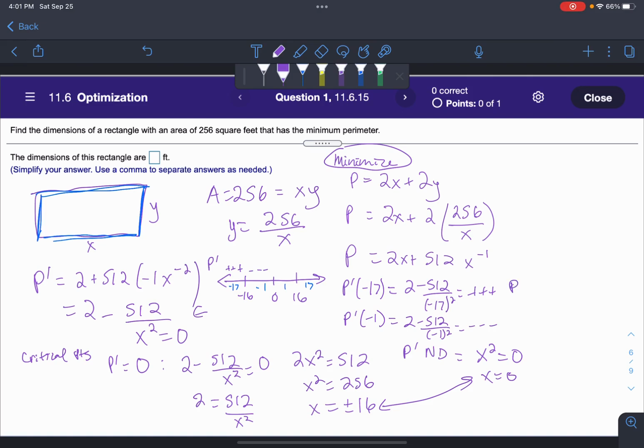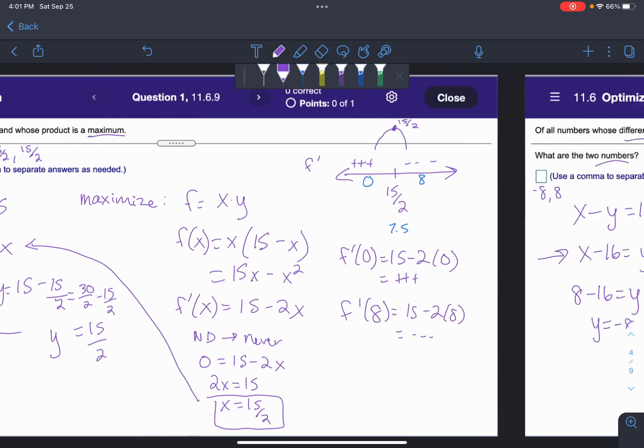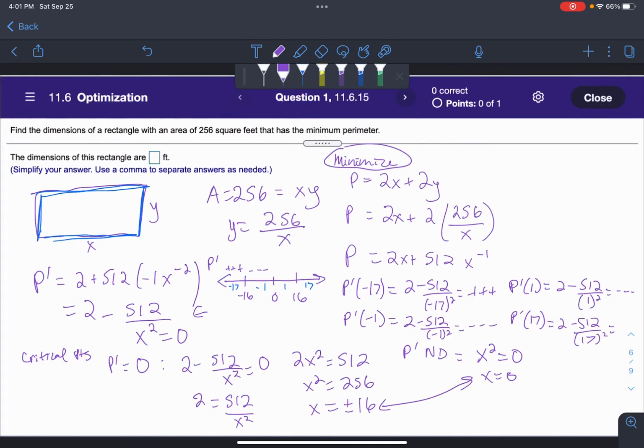And then P prime of 1, it's same kind of deal, just because of that square in the denominator. So it will still give me a negative. And then P prime of 17, that will give me a positive number. So just verify on your own that this is the sign chart you get.